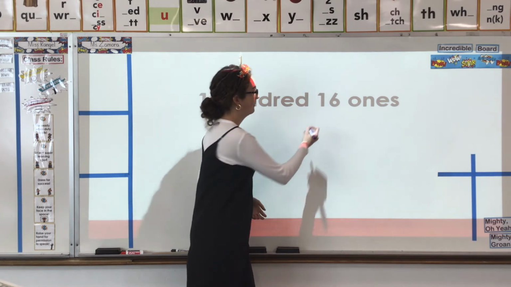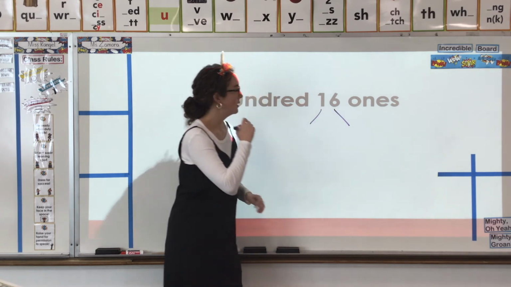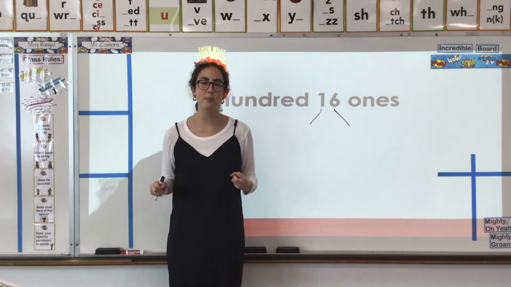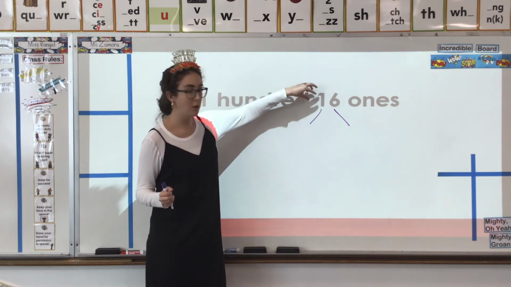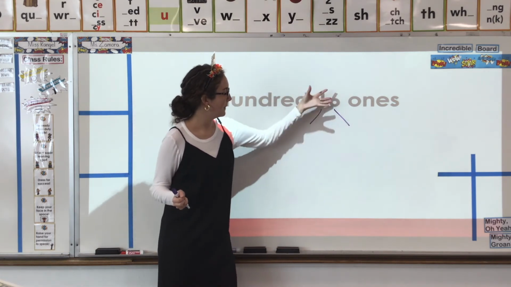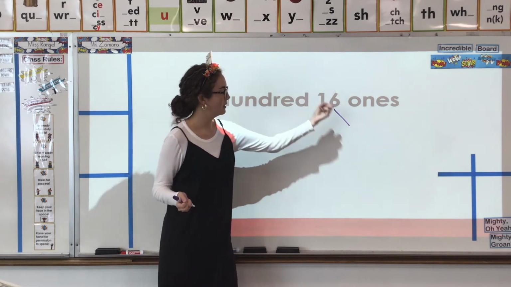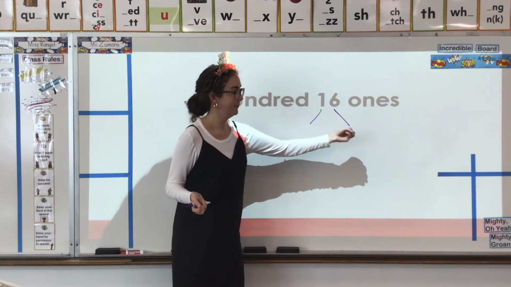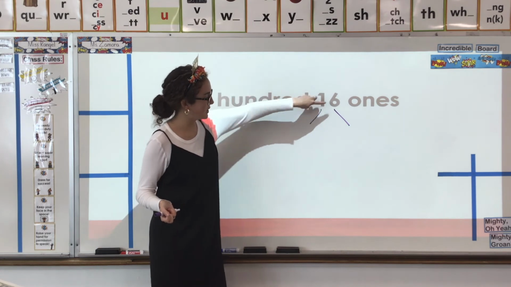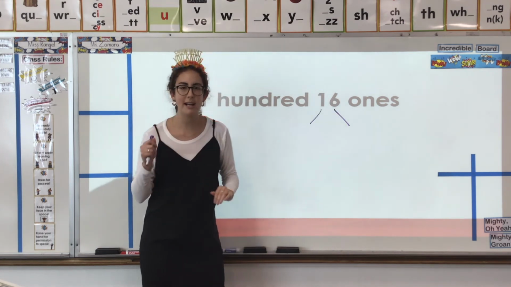So let's see. Can you tell me what is 16 broken apart? Can you make the number bond on your own? Take out the 10, and what's left over? What's the value of each digit? Can you write it out?